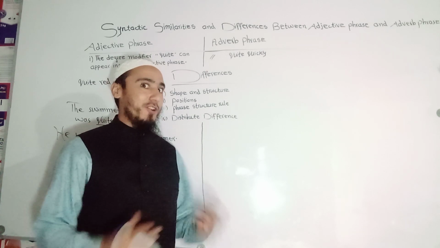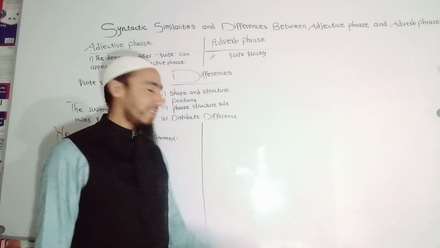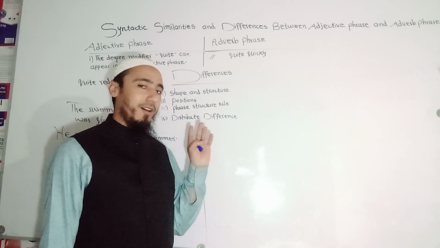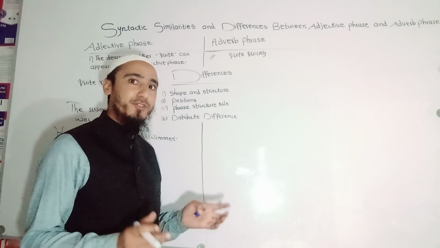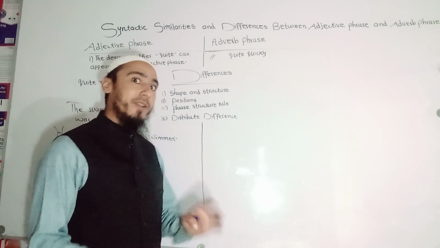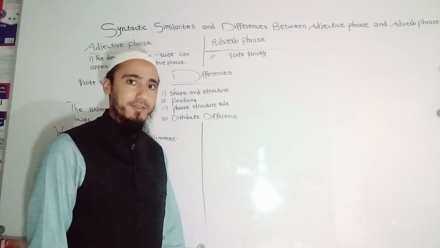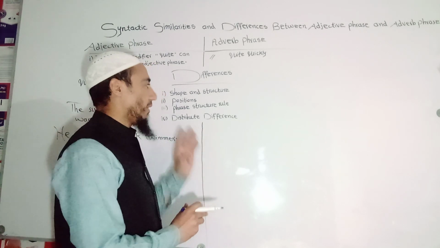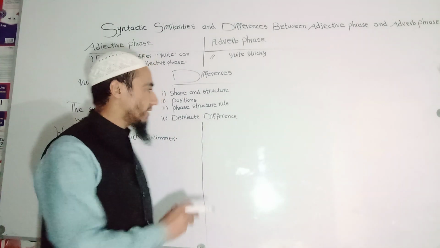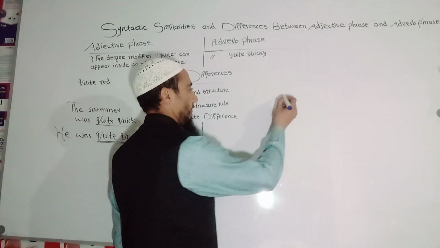It can adopt different positions in a sentence. It is not like an adjective phrase. For example, let me write the different positions for the adverbial phrase, which is totally different from the adjective phrase.